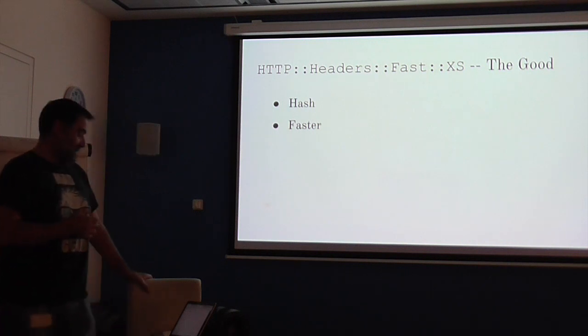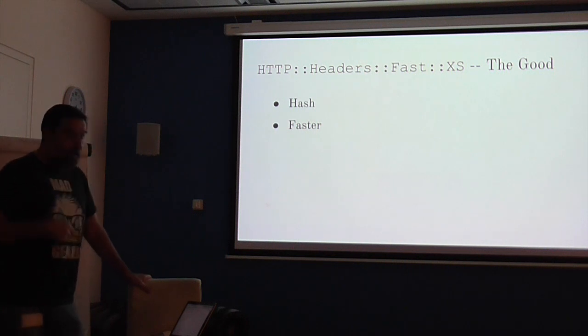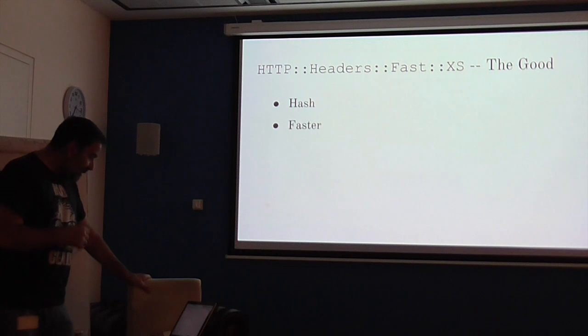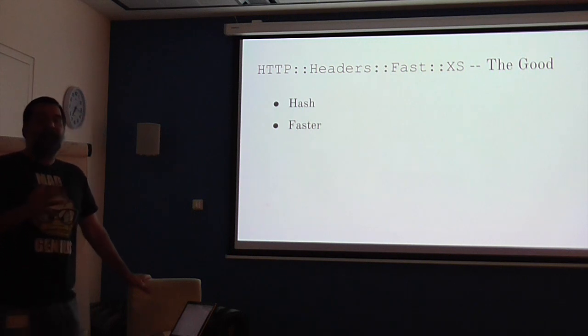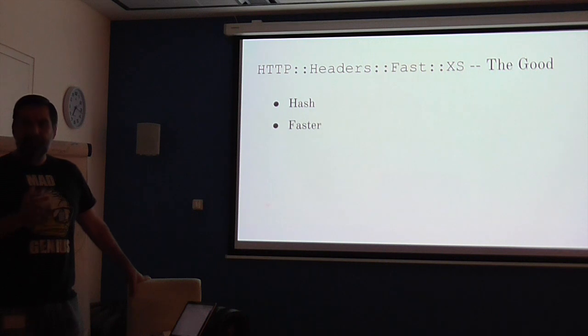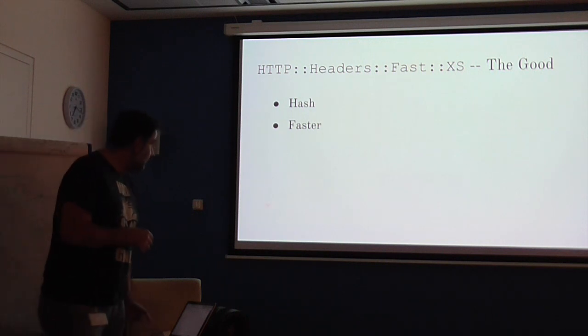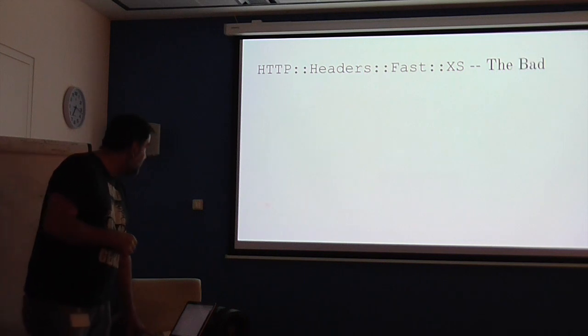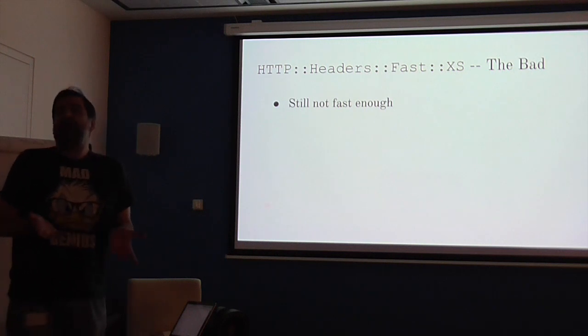I don't really have the latest benchmarks because you're going to see that it's not the latest work we have done. But I remember, and maybe Sawyer here can call me a liar if I'm wrong, we hit about 80% faster with this. So for the most used cases, it was quite a good improvement in speed. Of course, a couple of bad things. Again, not fast enough. We actually expected more.